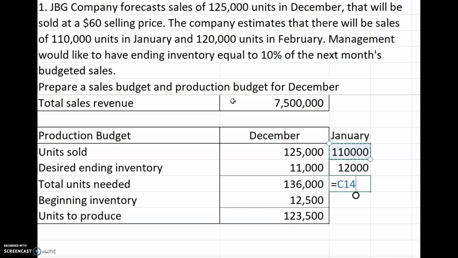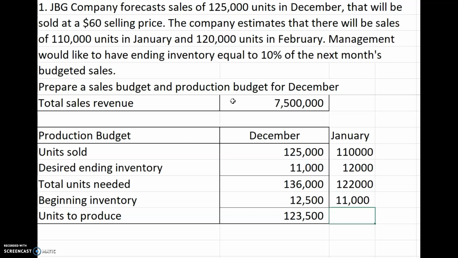So our total units needed is 122,000. But then we can subtract our beginning inventory. Our beginning inventory for January would have been December's ending inventory of 11,000. So 111,000 is what we have for units to produce in January.